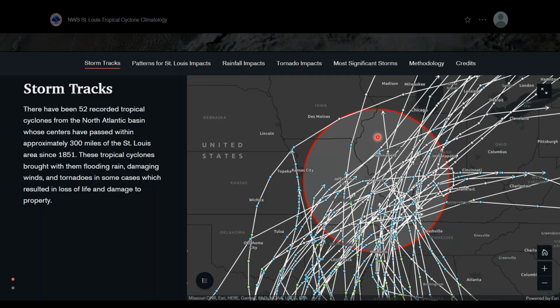That allowed us to find 52 cases since 1851 that followed that criteria, TCs in the HURDAT2 best track data that fell within that 300-mile radius.